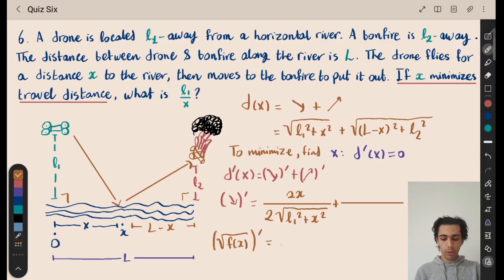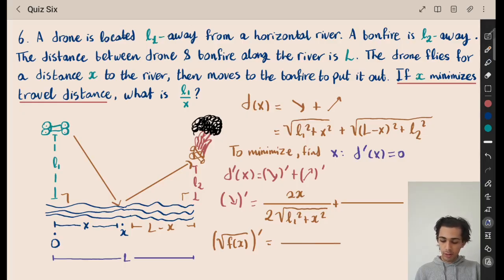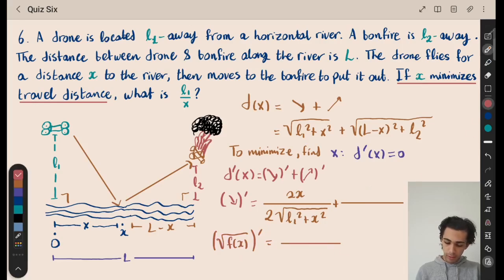This is not part of the course, but I'll maybe write it here for the sake of enrichment. So it's f prime of x divided by 2 square root of f of x. So that's how you differentiate square roots.